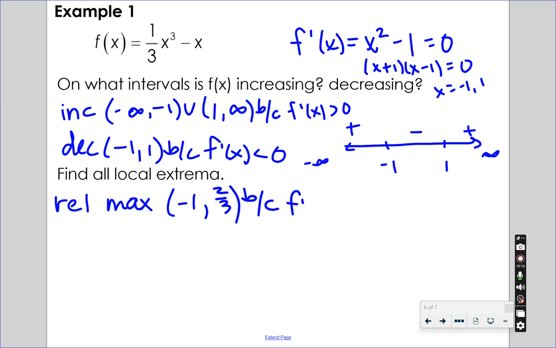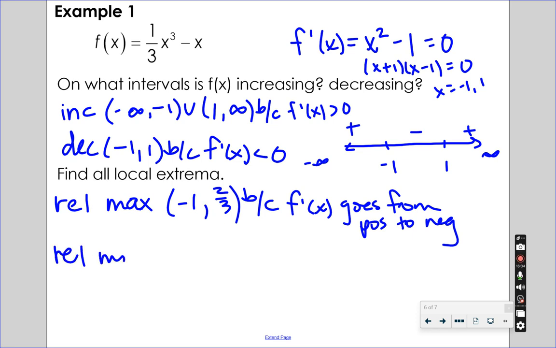Because f prime of x goes from positive to negative. We also have a relative min. By the way, relative and local are the same thing. So if it says local min max, it's the same as relative. 1, comma, let's see what we get when we plug it in.